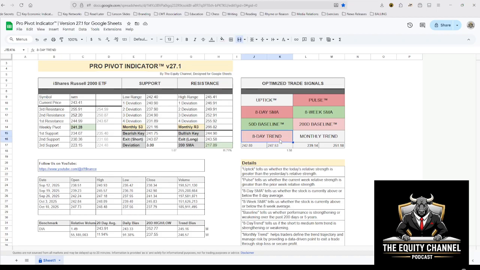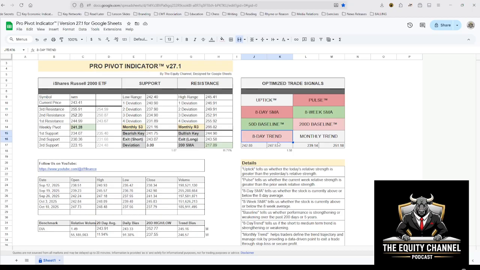So your 8-day trend is also a risk management parameter. Once this goes bold, your risk management then becomes when the bold goes away. As that lights up, that means you're in the trade.